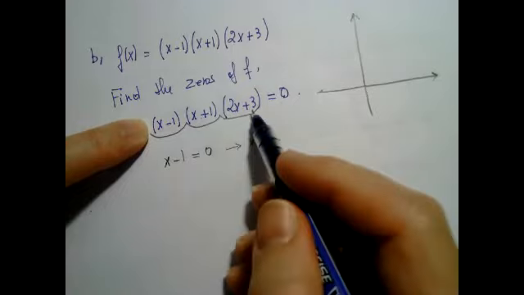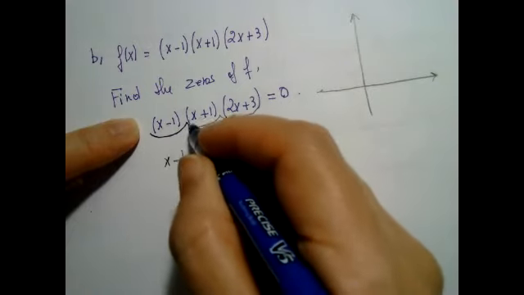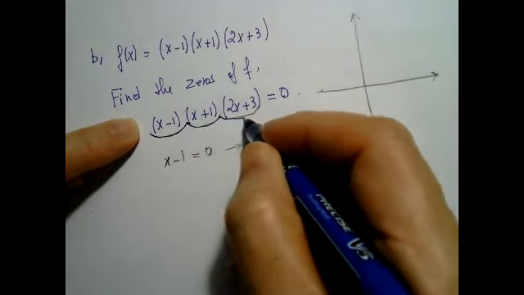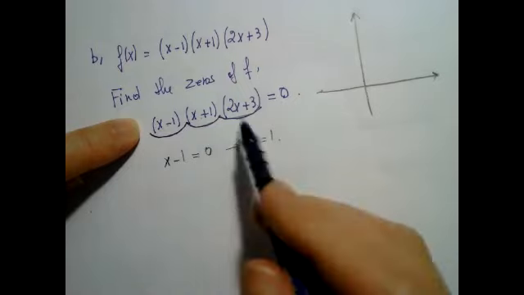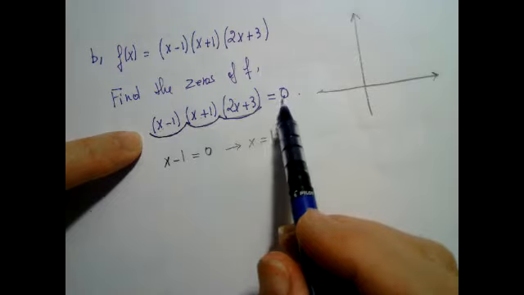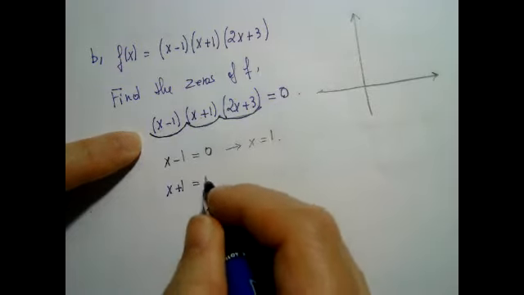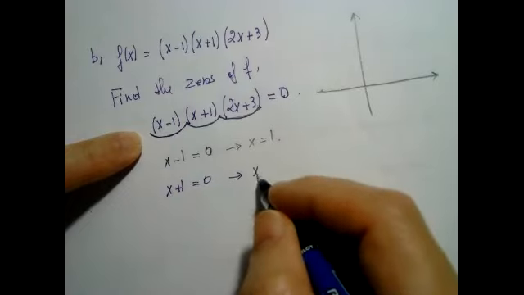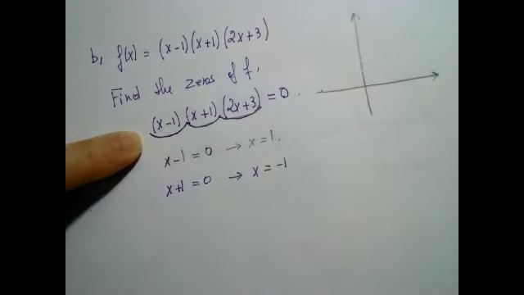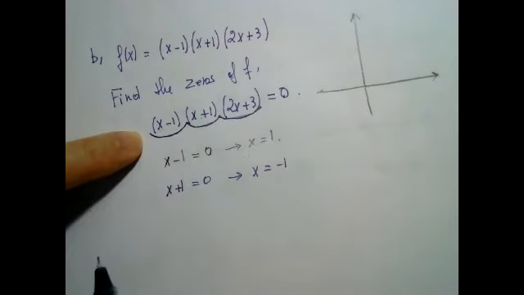If this product equals 0, it means this will occur if this one is 0, or this one is 0, or this one is 0. So for this product to be 0, this term could be 0, and this will cause the whole thing to equal 0. x plus 1 equals 0, x equals minus 1. If I take x equal to 1, the first term is 0, so the whole thing will be 0.